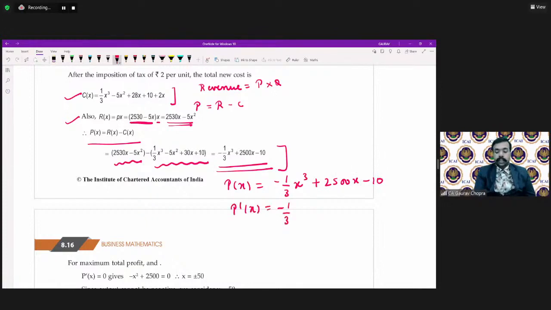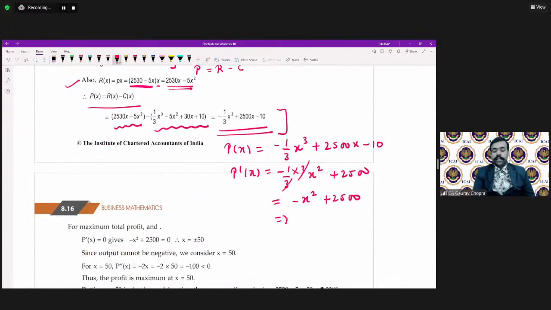So minus 1 by 3 will come forward, x square plus 2500. 3 and 3 got cancelled. It is minus x square plus 2500. So x square is equal to 2500, so x is equal to plus minus 50. What is x here? X basically means quantity, and quantity can never be negative. So finally x will be 50.